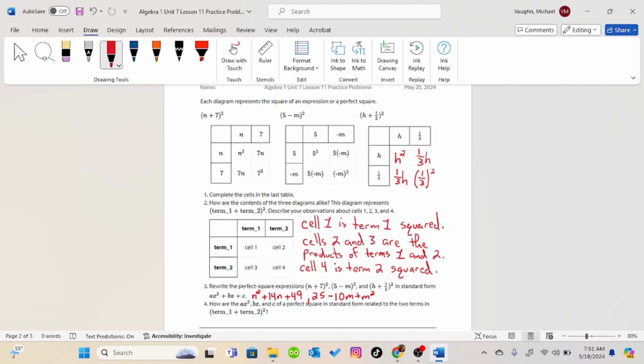Negative m times negative m is m squared. And finally, if we look at this third table, we've got h squared. Then we've got 1/3 h and 1/3 h. So that would be plus 2/3 h. And then finally, we've got 1/3 squared, which would be 1/9.